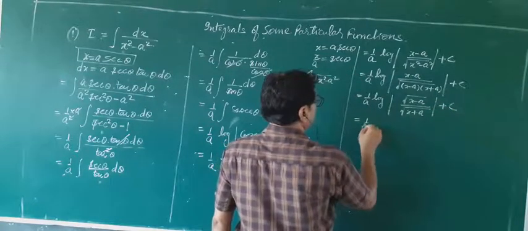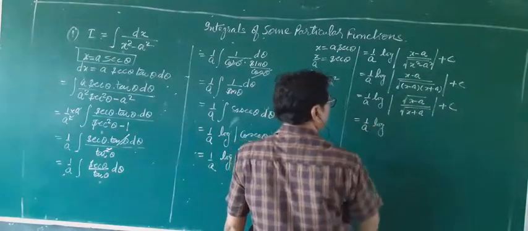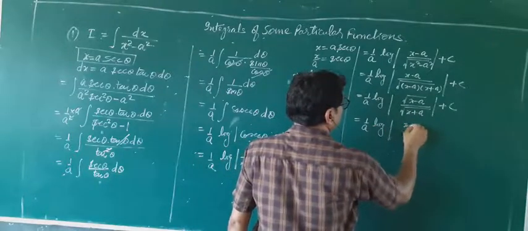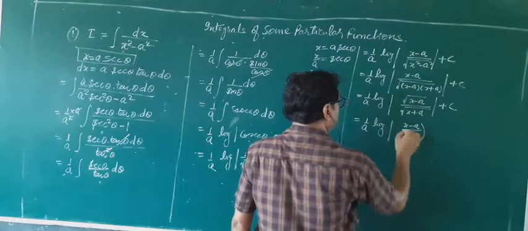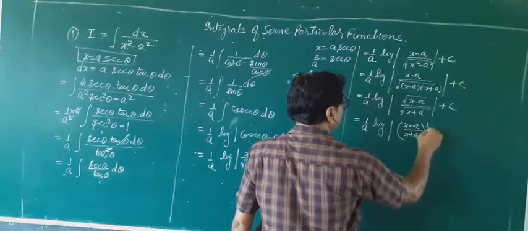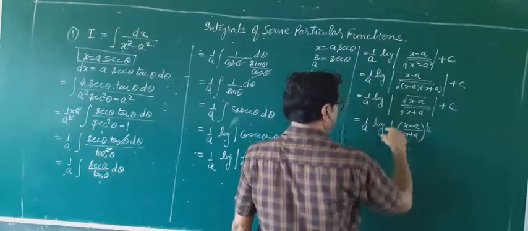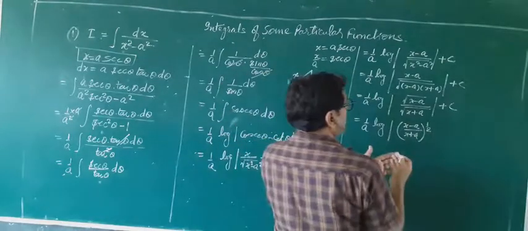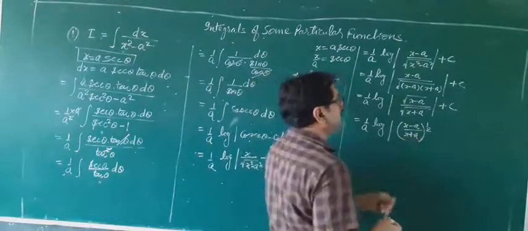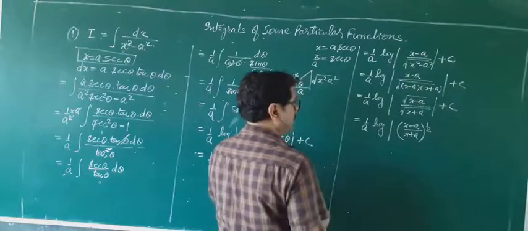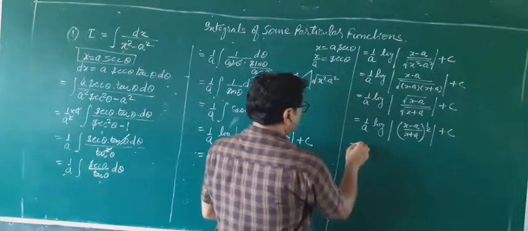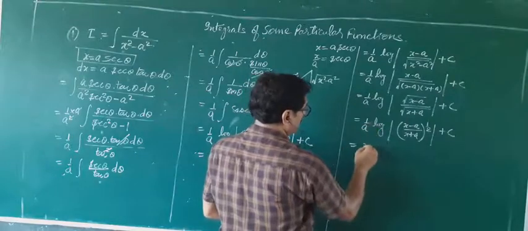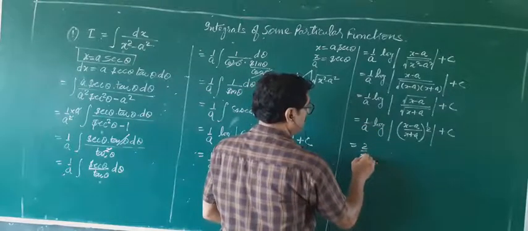1 upon a log of x minus a upon x plus a to the power 1 by 2, with the modulus meaning the value of this term should be positive, plus c. We multiply by 2 and divide by 2.